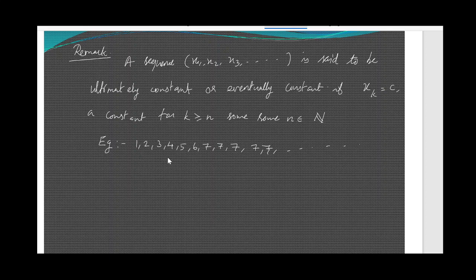When you're writing 1, 1, 1, 1, it's a constant sequence, and after a certain stage means the first stage itself, everything is going to be constant. So a constant sequence is always an ultimately or eventually constant sequence. The exact definition means after a particular stage all the elements in the sequence are constants.